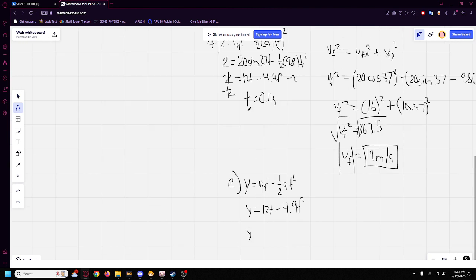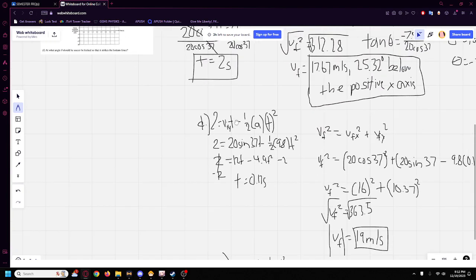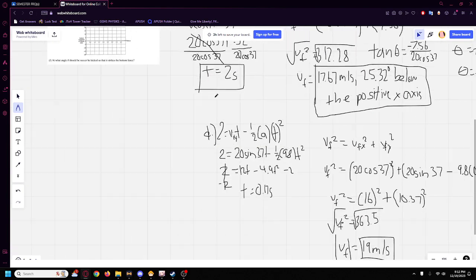We plug in 2 seconds because we know that it takes 2 seconds to reach the fence.